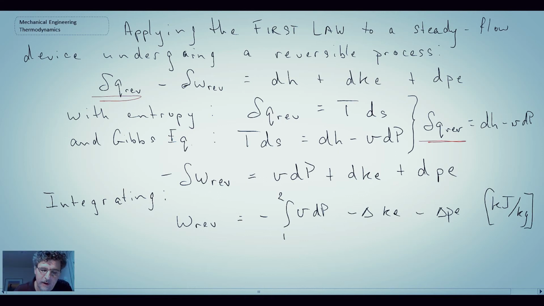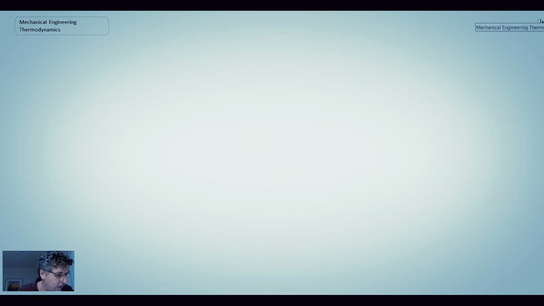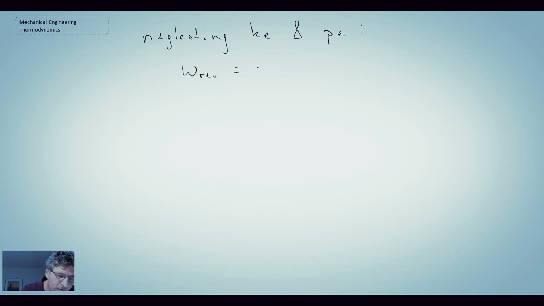Now we're going to neglect both the kinetic energy and the potential energy, so those two go away. Neglecting kinetic energy and potential energy, what we are then left with for reversible work is the following relationship.